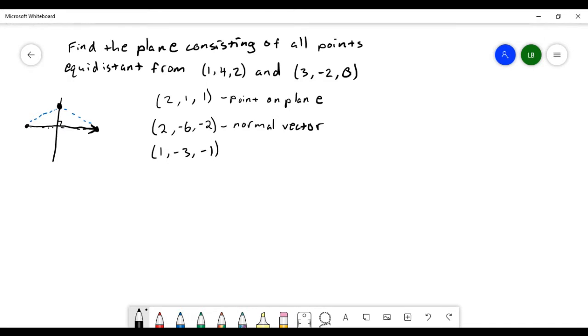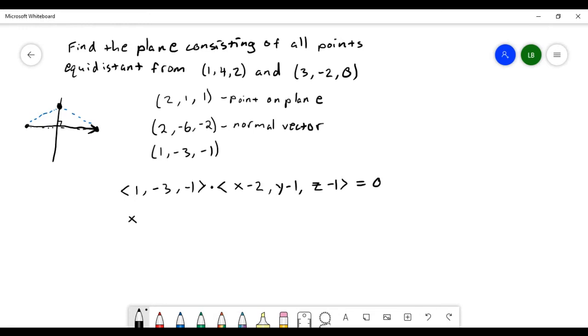I'm guessing that's what you did, or you might have simplified at a later step. Regardless, to find our equation of the plane, we can take the dot product of these and set it equal to 0.